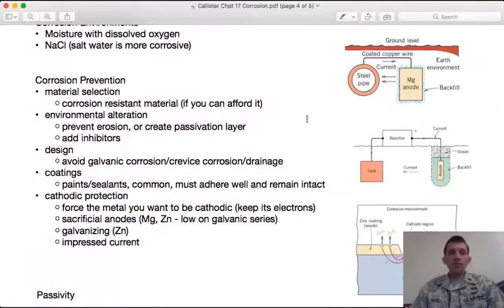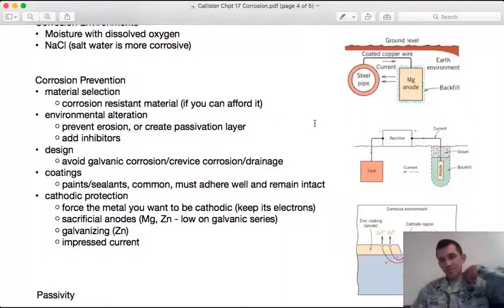So if you're stuck with a material that's not as corrosion resistant as you would ideally want, there are some other things you can do to make it more corrosion resistant. The first is to change the environment that it's in. One of which is to design the flow of a fluid to prevent erosion.